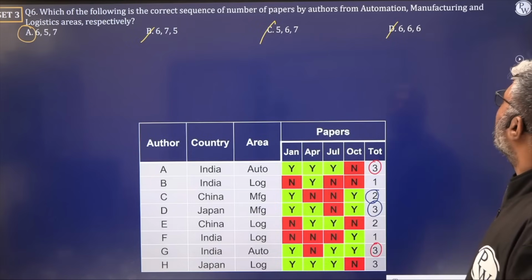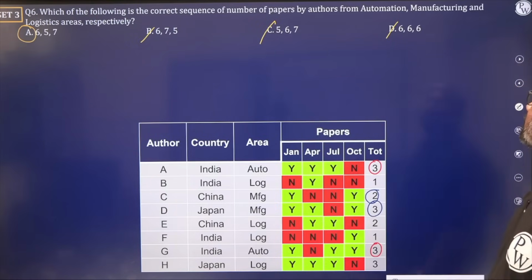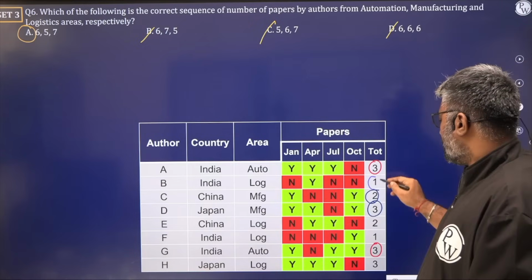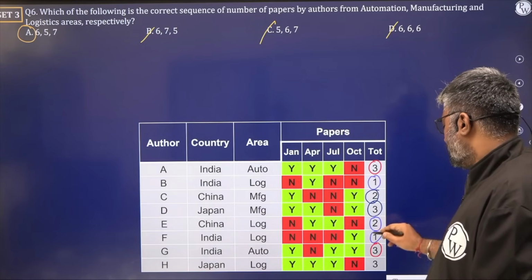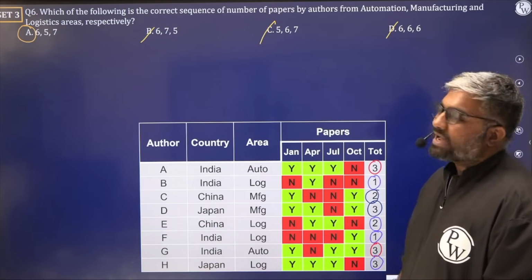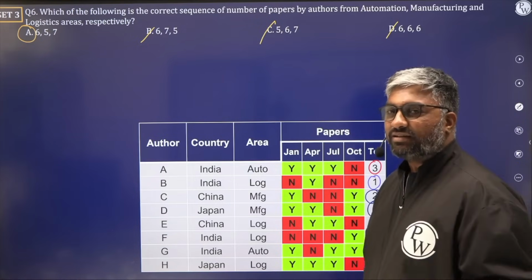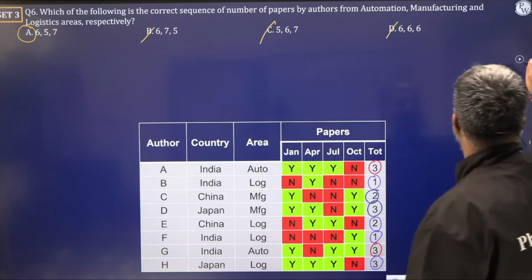What else is left? We have to look at a confirmation for logistics. Logistics have 1, 3, 4, 7. It kind of has to be, because out of 18, if 6 and 5 are done, then only 7 remains, but still, for our own satisfaction.